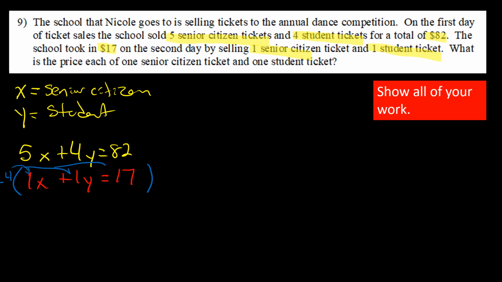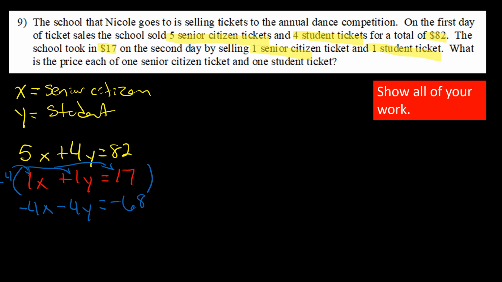Okay, so we'll distribute everything in here. So when we multiply this out, let's go ahead and set this up. I will say -4 times 1 is -4x. -4 times 1y is -4y equals, okay, -4 times 17 is -68.